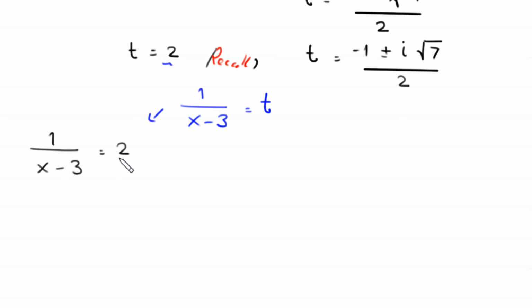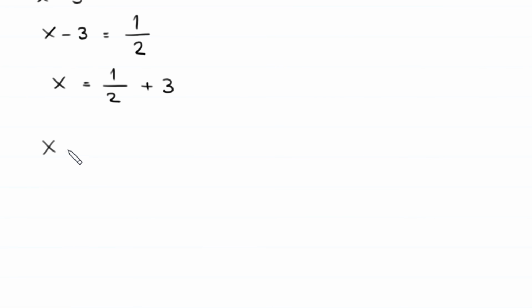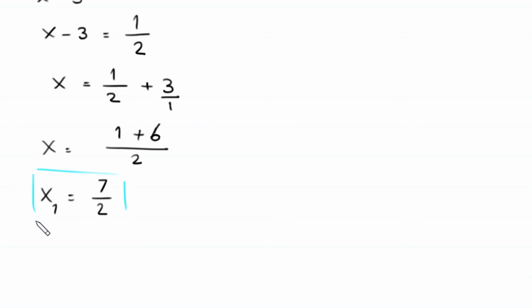If we take a reciprocal on both sides, this implies that x minus 3 equal to 1 over 2. Move this negative 3 to the right hand side, this will become x is equal to 1 over 2 plus 3. Next, x is equal to, we can write the denominator 1 and take LCM of this 2 and 1. LCM is 2, this 1 will come here, and 2 times 3 will become plus 6. So we get the value of x equal to 7 over 2. This is the first value of x, this is the first solution of this equation.